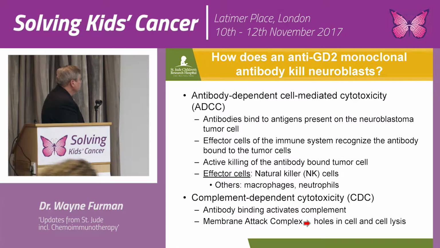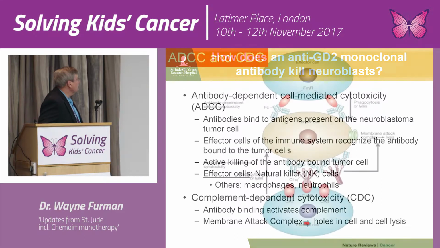And again, I will just briefly go over what we've heard about as ADCC, but I also need to highlight that these antibodies also kill by what's called CDC, or complement-dependent cytotoxicity, and that, again, the antibody binding causes activation of complement, which is a complicated system of proteins in your blood that, when the antibody is bound and recognized, punches a hole in the cell and causes cell death.